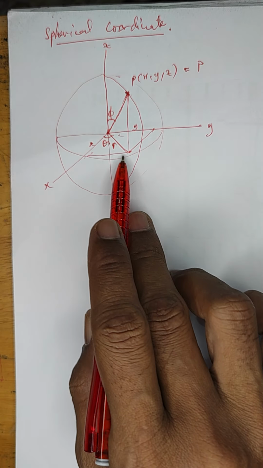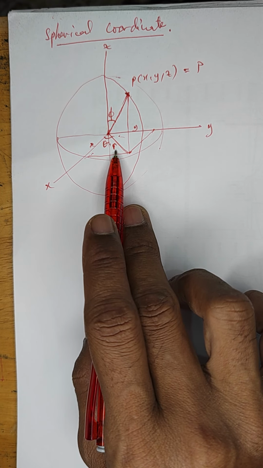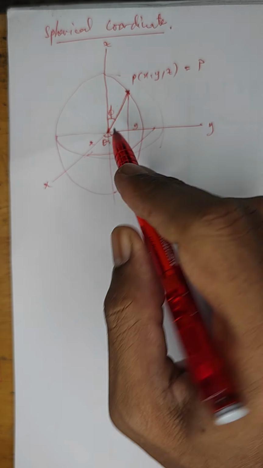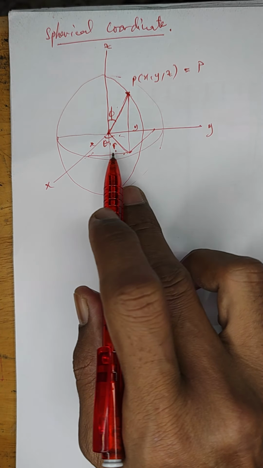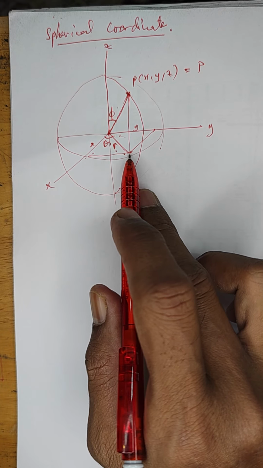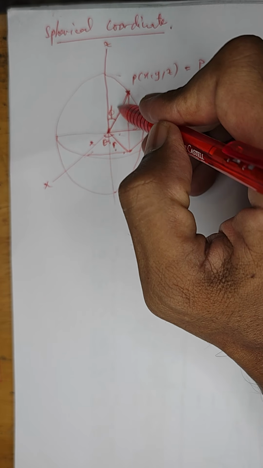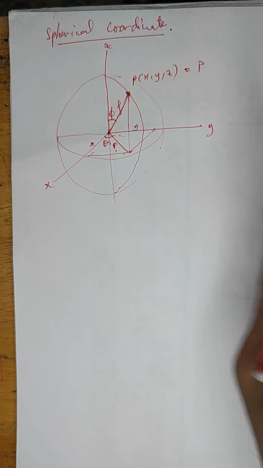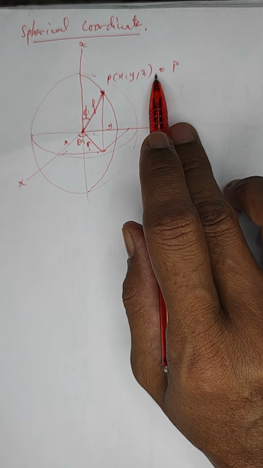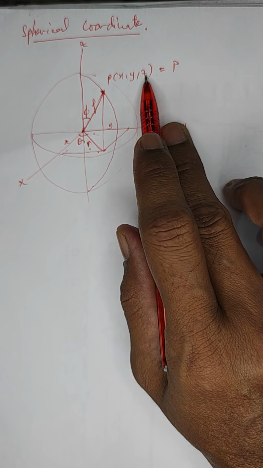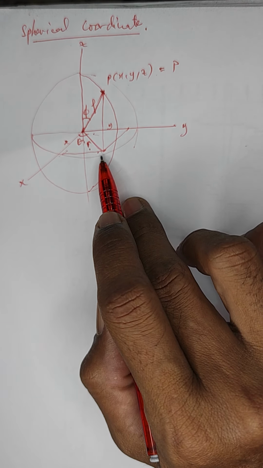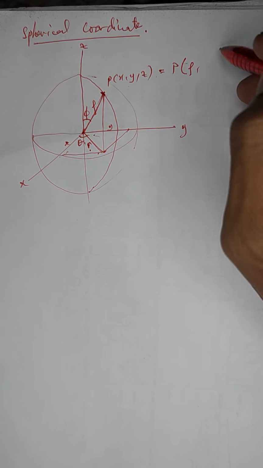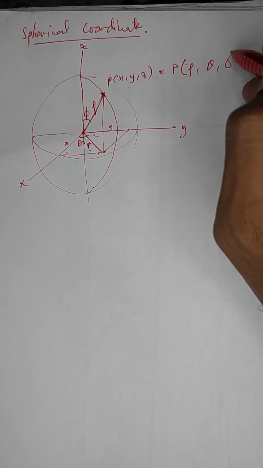And we have the distance of the point to the origin, which is the radius of the sphere. We call it rho. So the point x, y, z in Cartesian coordinates can be written in terms of spherical coordinates with rho, theta, and phi.